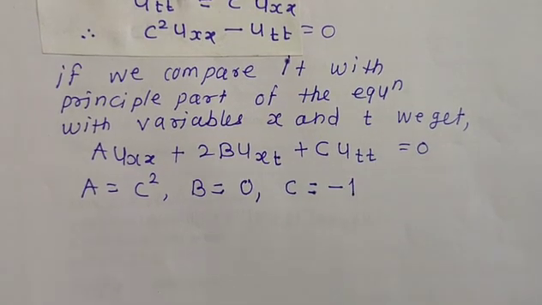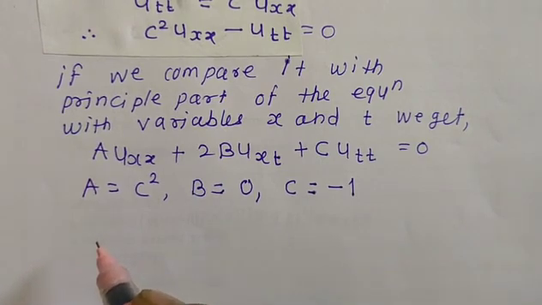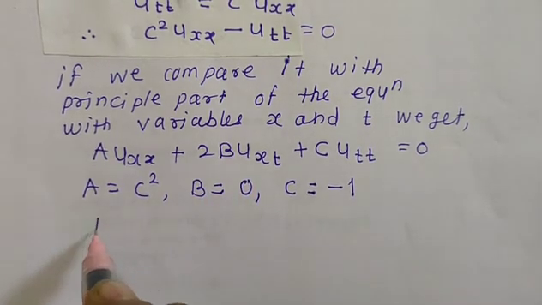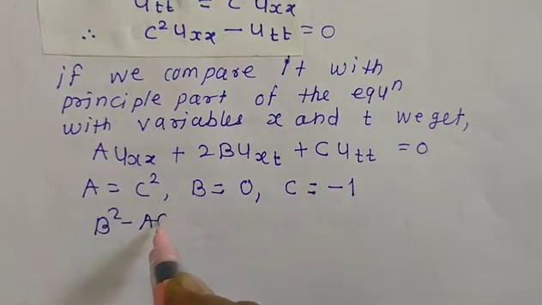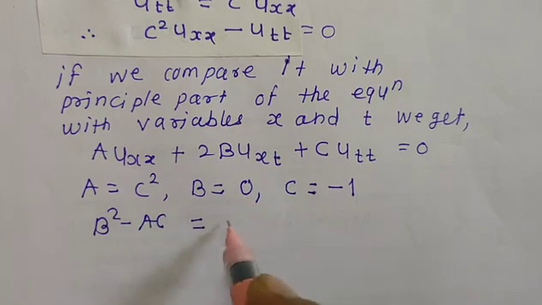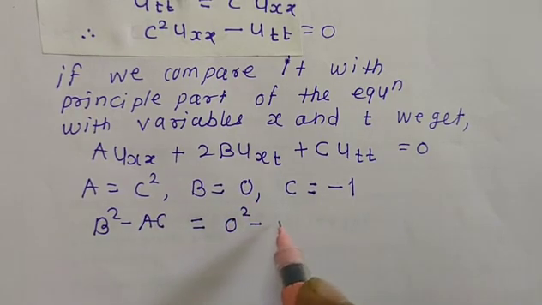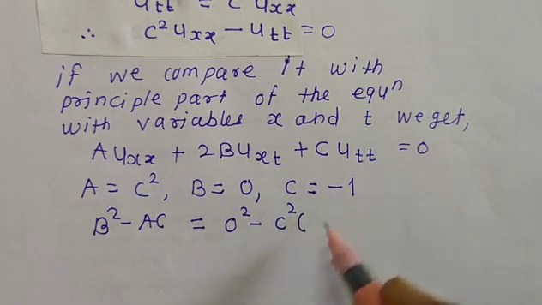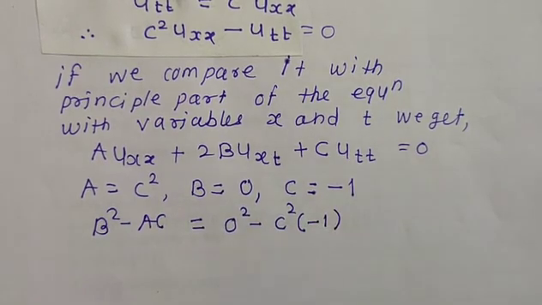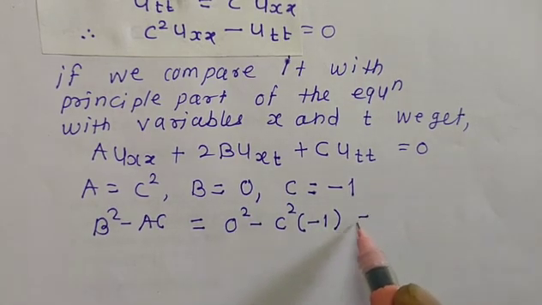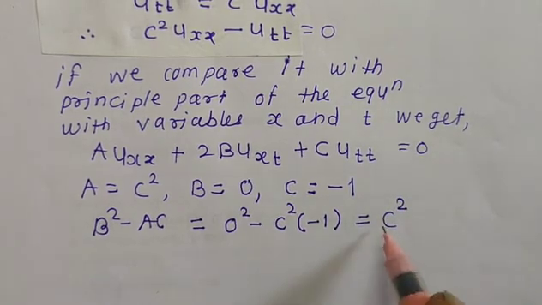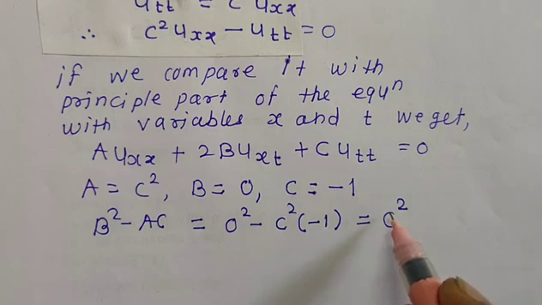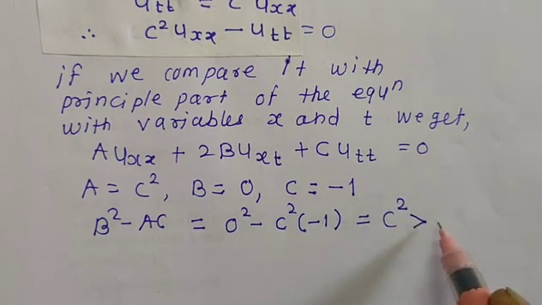Now you know we have to find whether it is parabolic or hyperbolic. Then B square minus AC is equal to 0 square minus A is c square and C is minus 1. So this product is positive, that is equal to c square positive. But square of any term is positive, you know. So this term is positive.